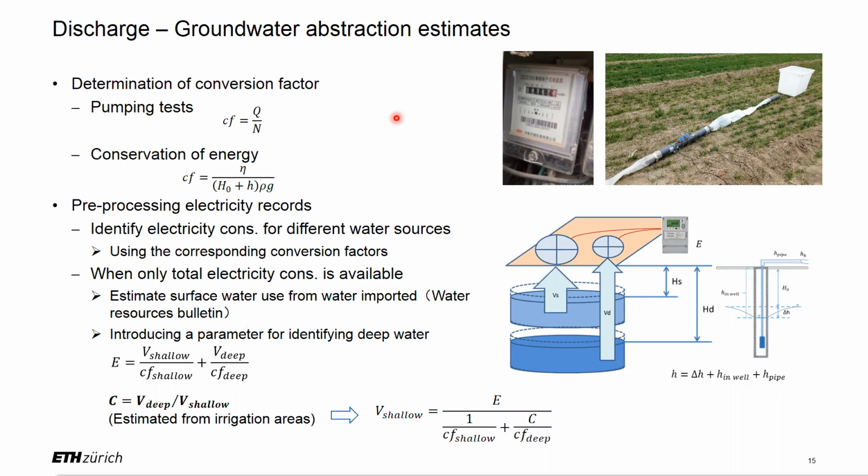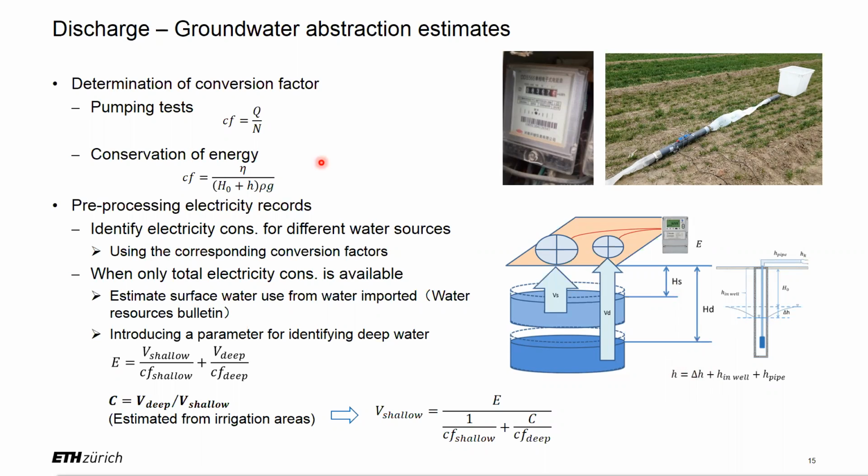To determine the conversion factor in history, when the water level was not so low, we use the equation derived from the conservation of energy. It is a function of efficiency and pump lift, which is composed of the depth of groundwater level, the additional drawdown, and head losses along the conveying pipe.